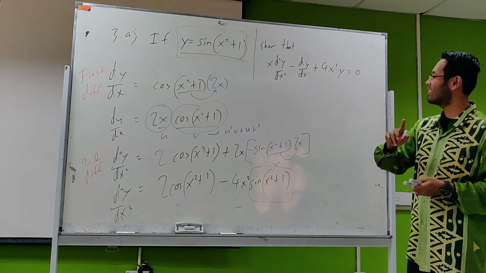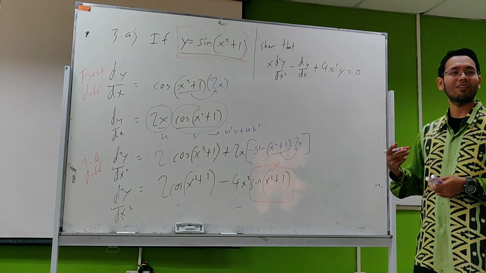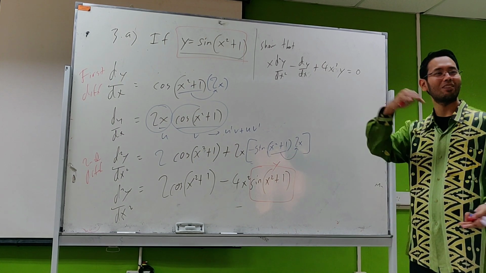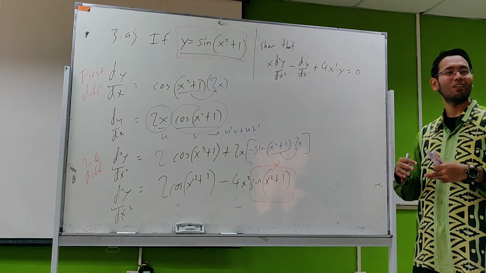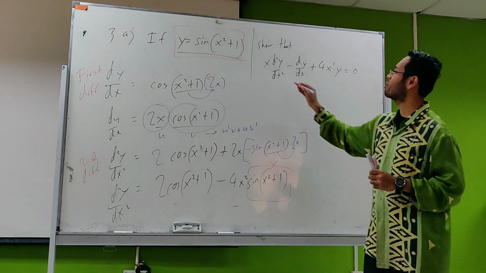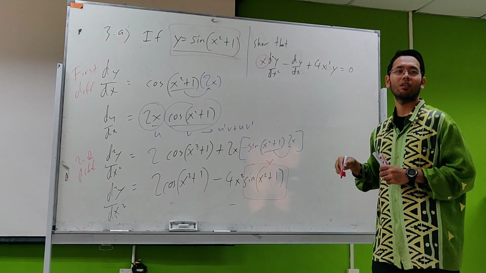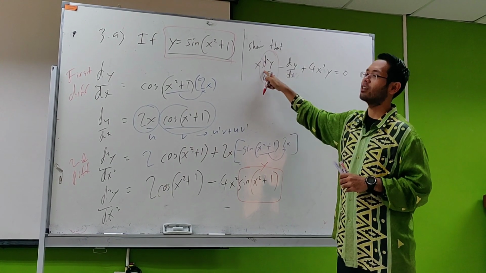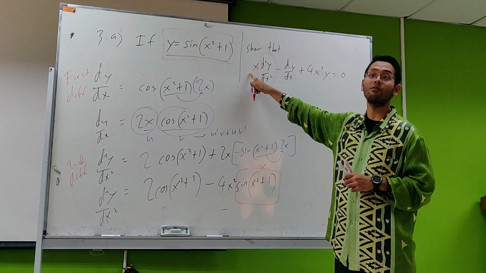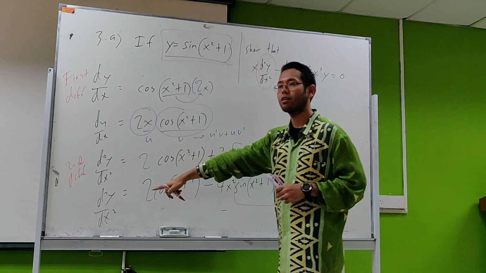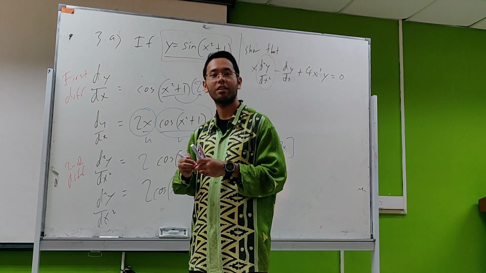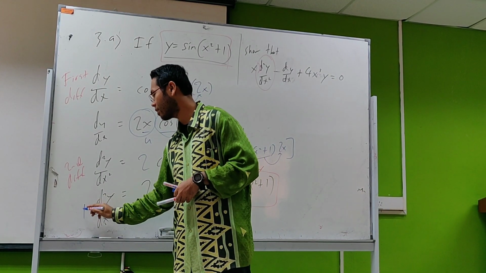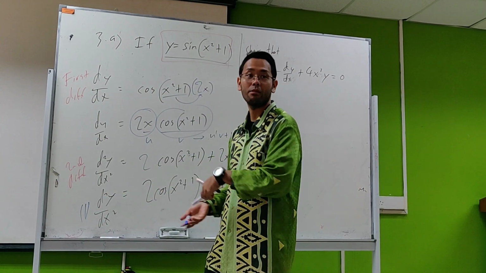If you want to start substituting and rearranging here and there, my first advice is to get this one first. Right now your d squared y dx squared has x in front of it. What's in front of ours? 1. How should we have x? So you times by x.